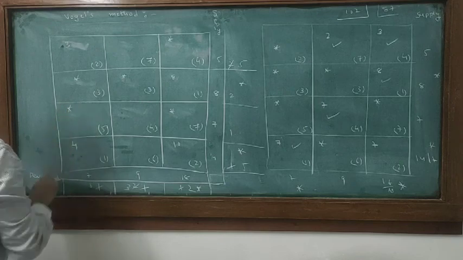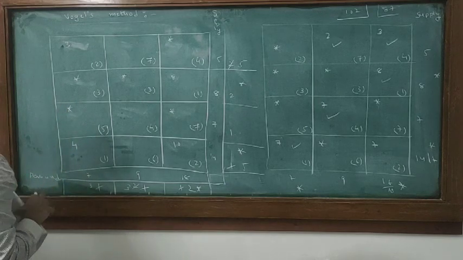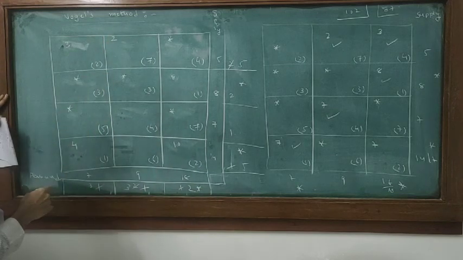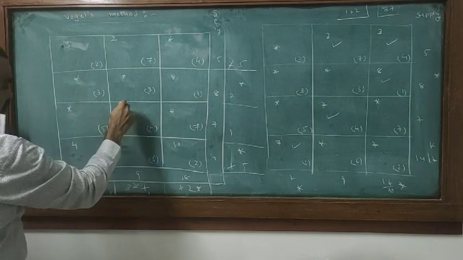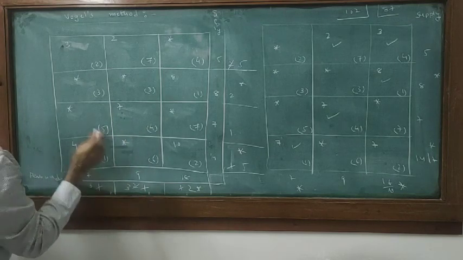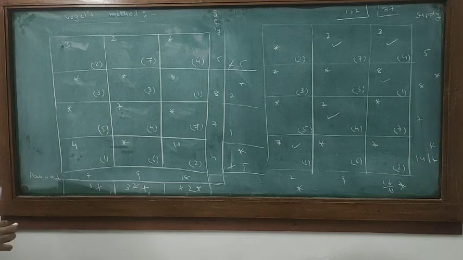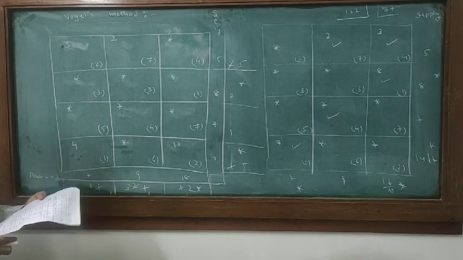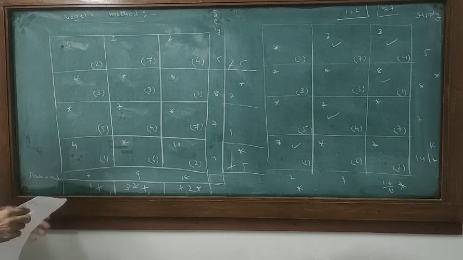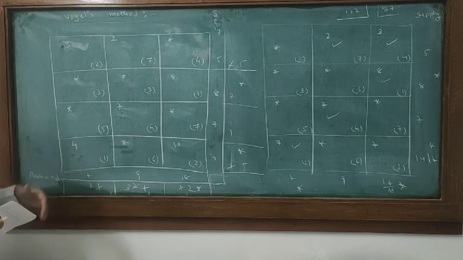Now only 1 remains there, and therefore I have to give 2 there. Yes, I have to. And here I should give 7. Okay, done. So this is our solution.